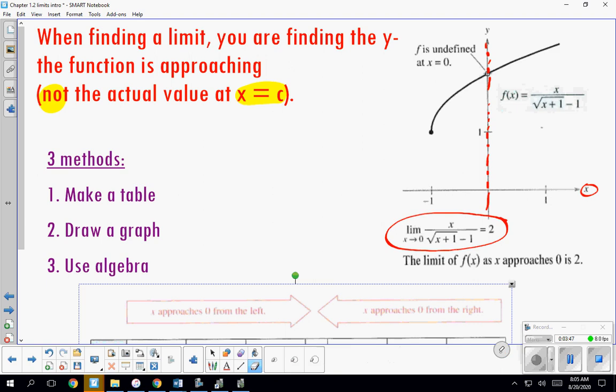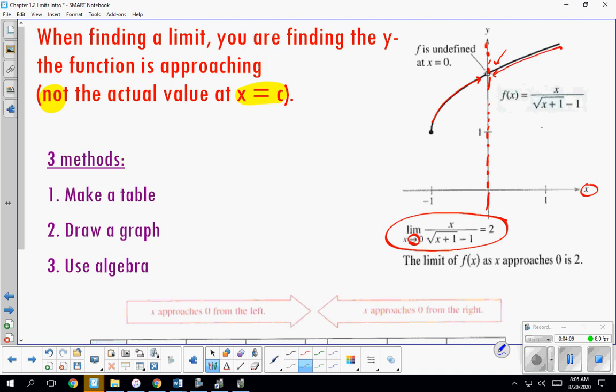Right on that line, the function is not defined. If you notice here, there's an open circle. That is okay. That means it doesn't exist at x equals 0. This arrow says we're not getting to x equals 0. We're getting close to 0. So we're going to get infinitely close on the left and infinitely close on the right.